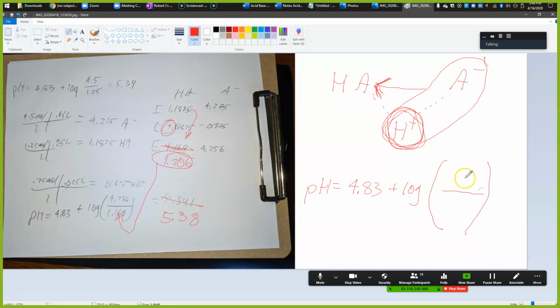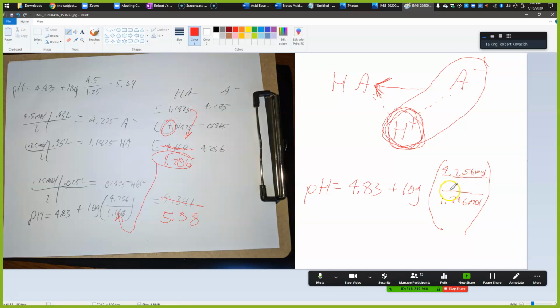The Henderson-Hasselbalch equation says moles per liter, and I'm only putting in the moles and not the moles per liter. The moles for the salt was 4.256 moles, and the moles for the acid was actually 1.206 moles.